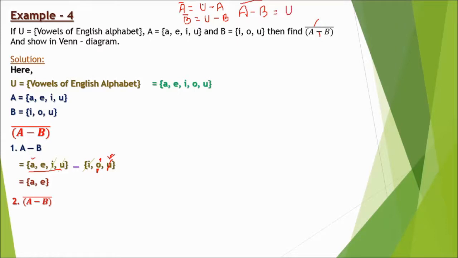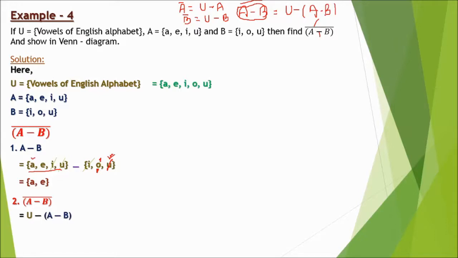You can see the trend, U will be there definitely, and there will be a difference operator. Inside the bracket you have to write A difference B. So you can see the formula here, U minus A minus B.